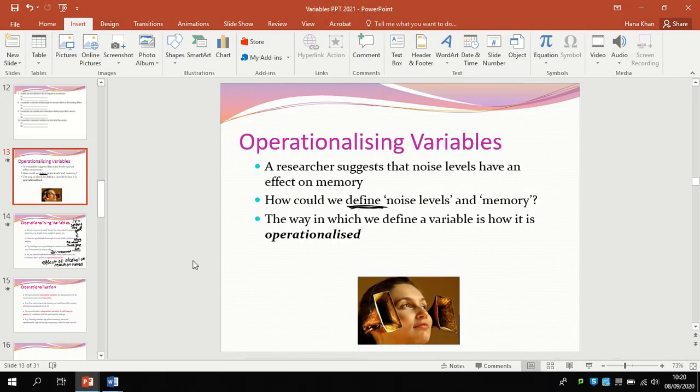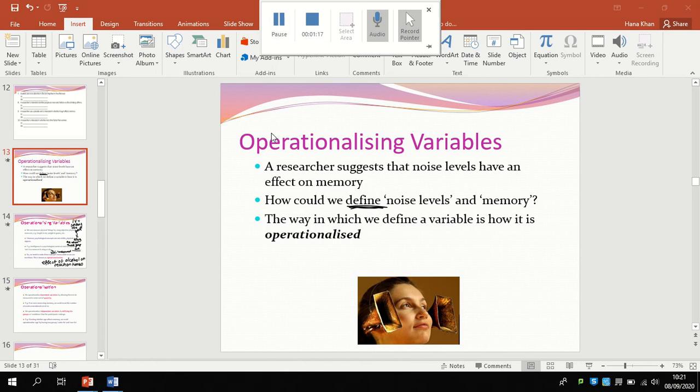If you have a look at operationalizing variables, we just went over this in the last lesson. Operationalizing a variable means to define a variable, defining both the IV, the independent variable, and the DV, the dependent variable.